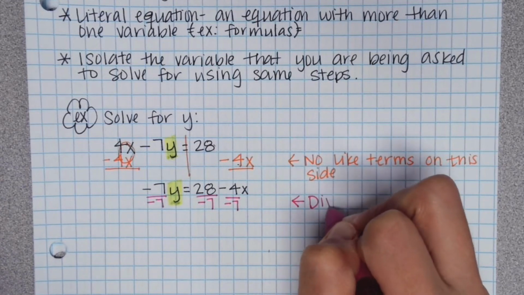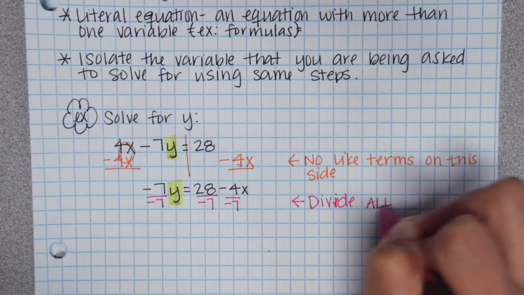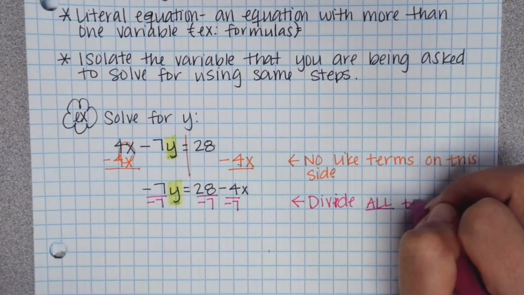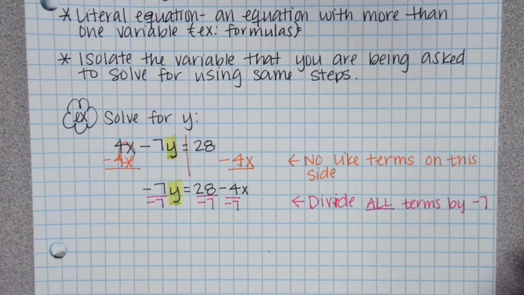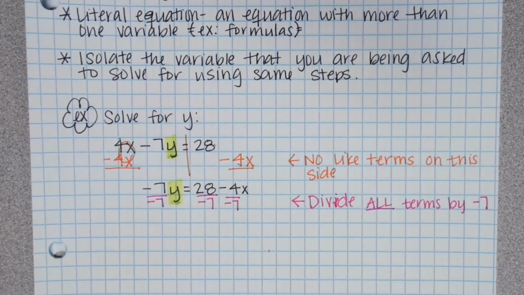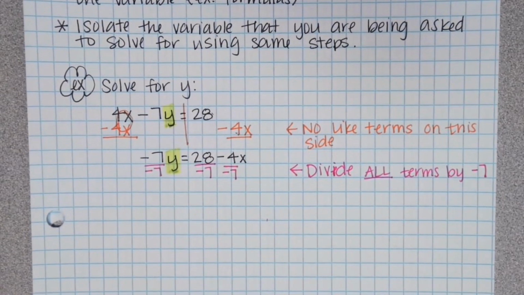So divide all terms by negative 7. Okay.